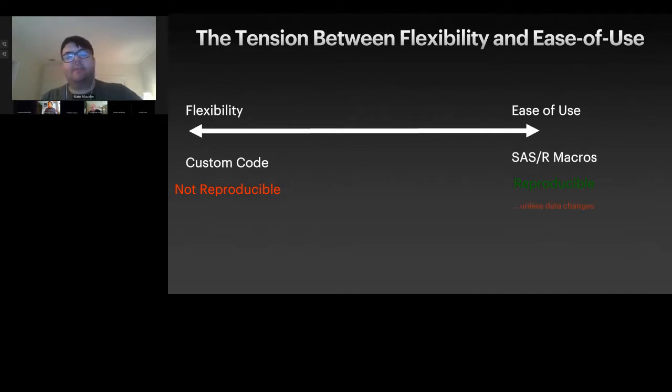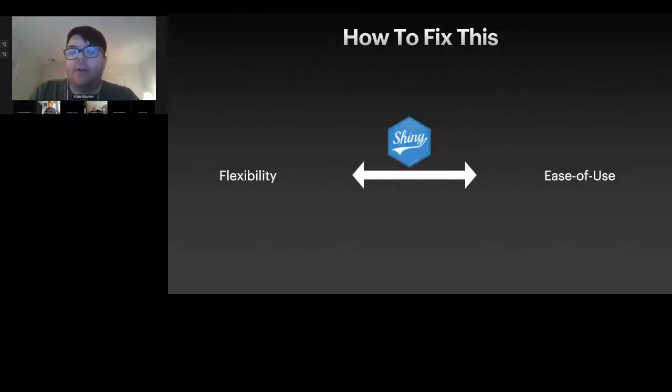So you end up in this bad cycle, where you try to make stuff easy to use or flexible, but it doesn't work. I think TidyCDISC is a step in the right direction to breaking that. And how did we fix this? We use the language of the web. There's a package called Shiny in R that creates a web page with the programming language R behind it.